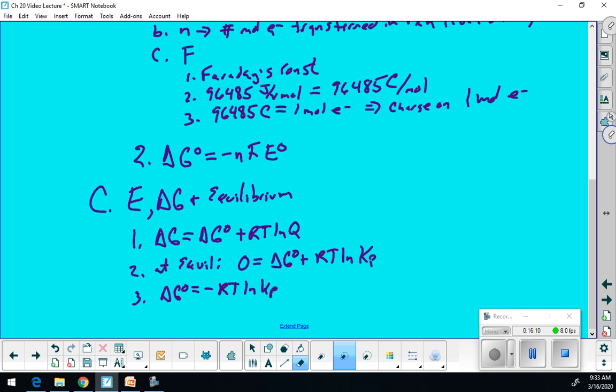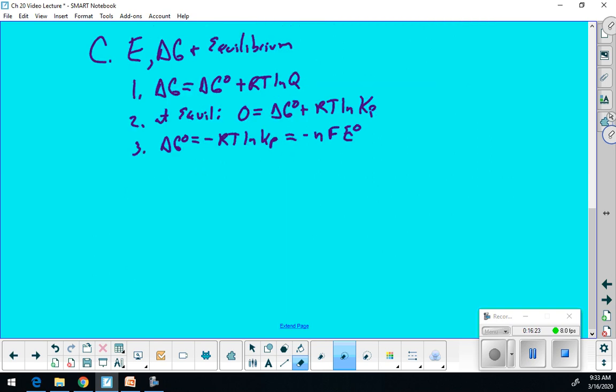But what else do we know? We know this right up here, which means that ΔG° is also equal to negative nFE°. So then I could solve for Kp, meaning what? Let's do this a little at a time.